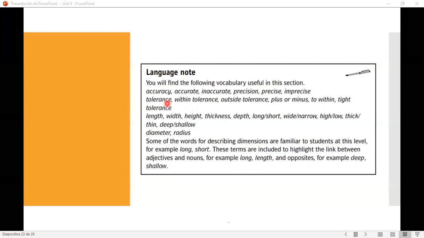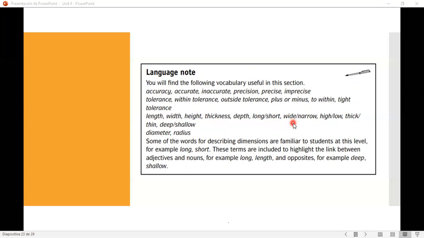And something that will work later, it's known as tight tolerance. And then we got some descriptions such as length, width, height, thickness, depth, long, short, wide or narrow, high or low, thick or thin, deep and shallow.